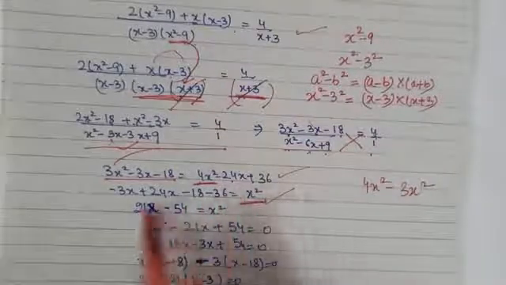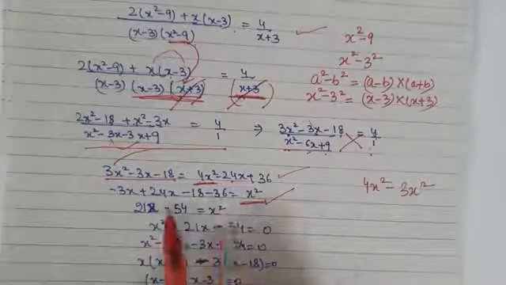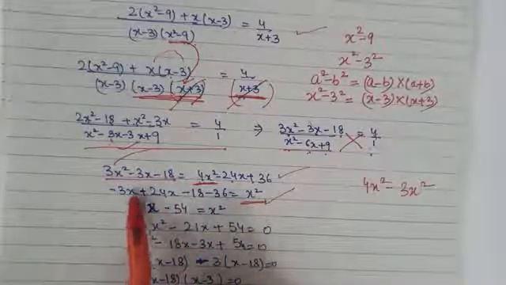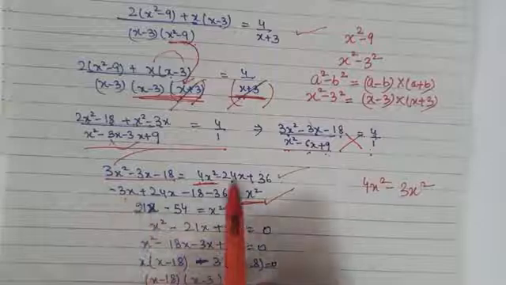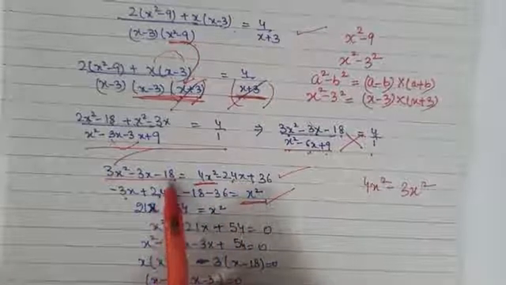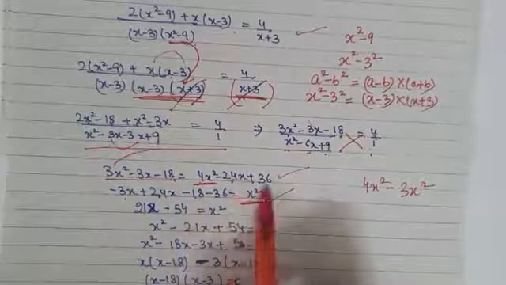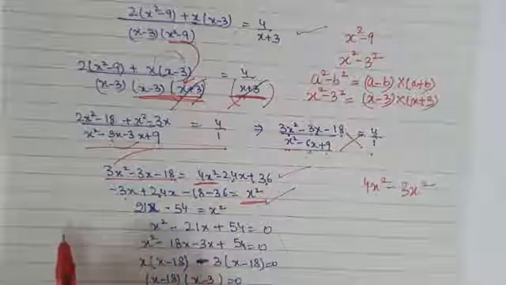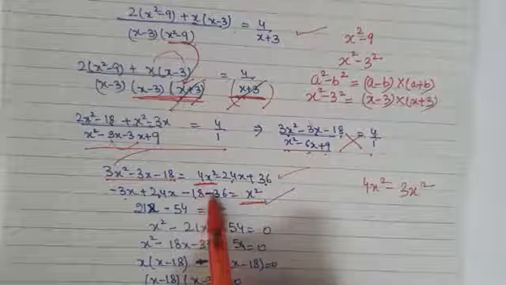And I'm just keeping all other terms on one side. Minus 3x plus 24x, it is getting shifted now. Minus 18 plus 36 will shift to that side, it will become negative.